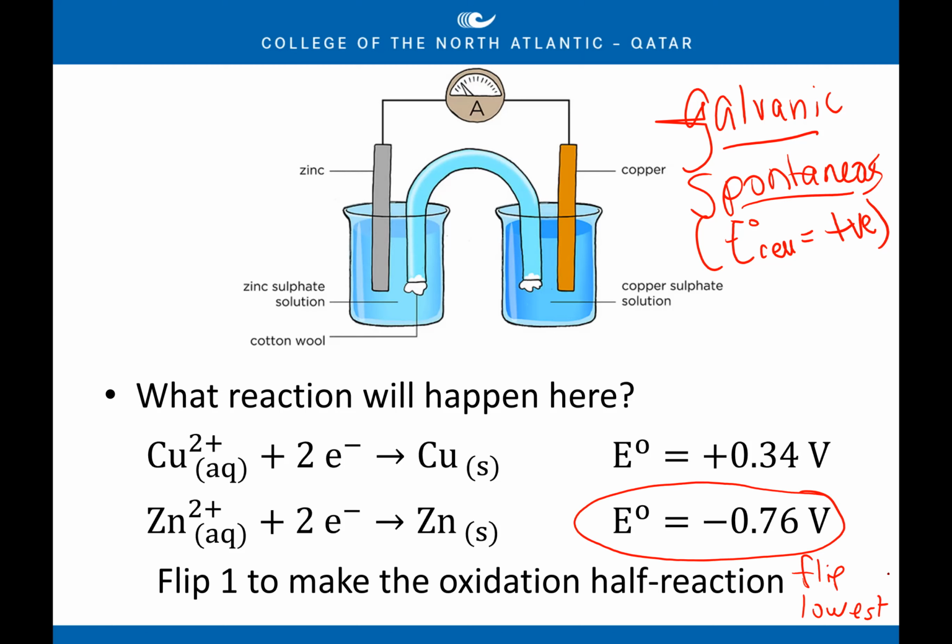So we always flip the lowest, and you're going to see a bunch of examples of this today. Okay, so it says which reaction will happen here. Well, this will be my reduction, and this will be my oxidation. And I know it's oxidation because the oxidized reaction is always the lowest, low, low, low.